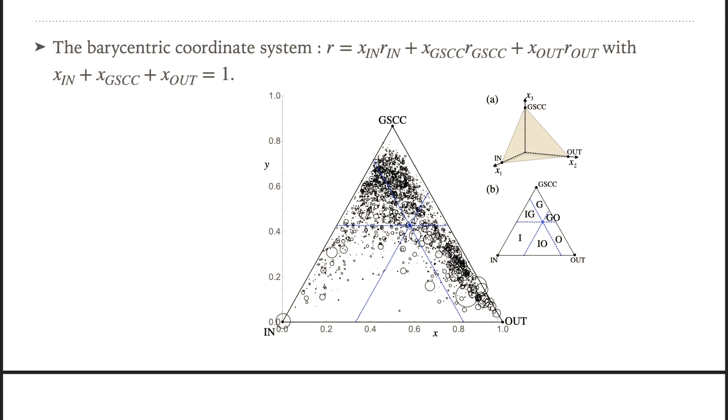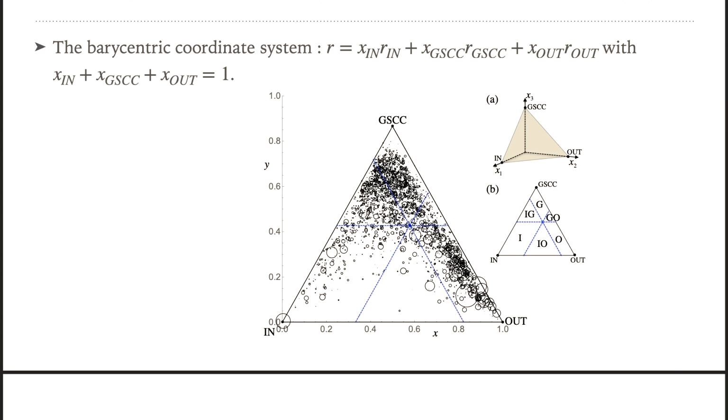This plane is in 2D, and it can be represented as an equilateral triangle, and depending on the expected fractions of the in component, out component, and GSCC component values, we will have these 6 domains.